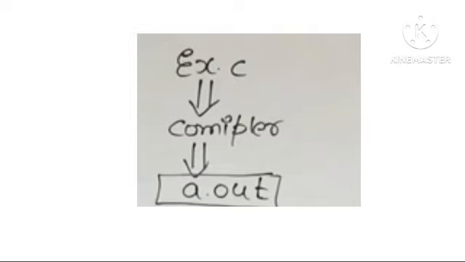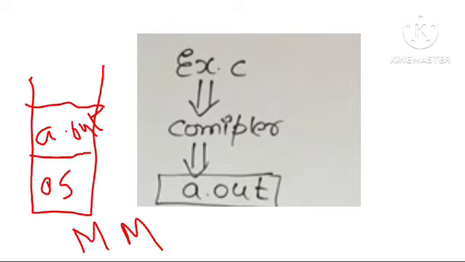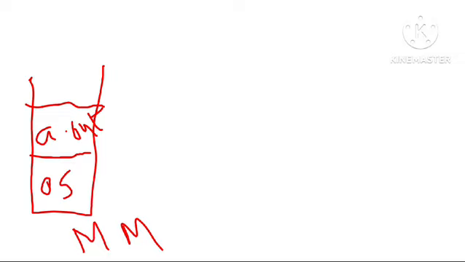But it is not enough to just have that binary code for a program to execute or to tell the computer what it wants to do. It has to be loaded into the main memory. And for a program to execute, it needs some resources of the computer system.